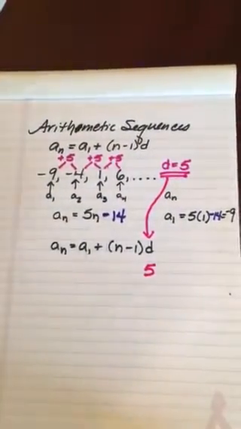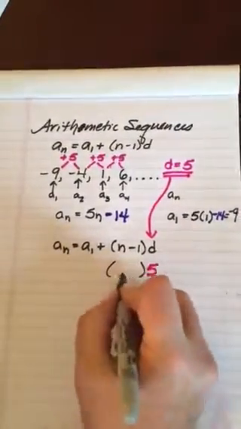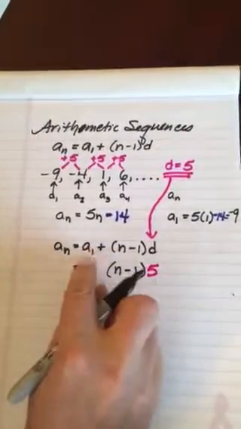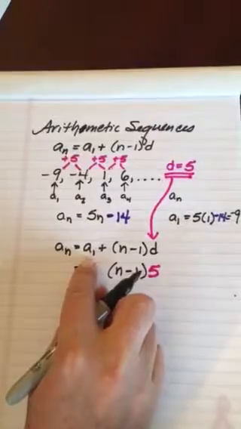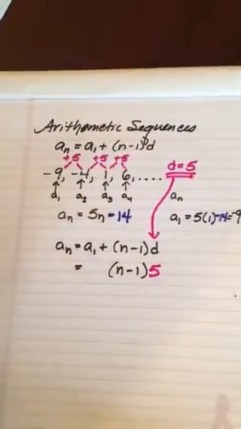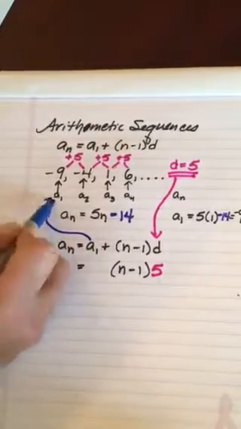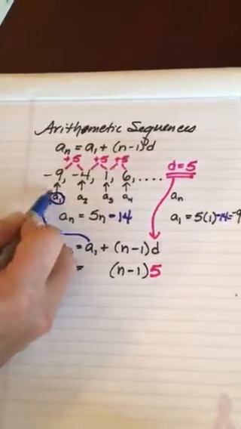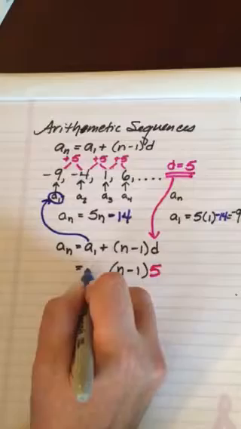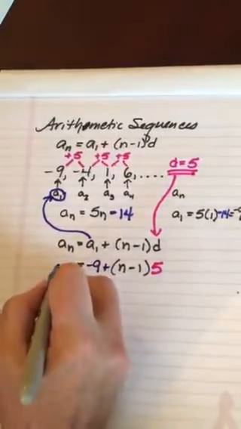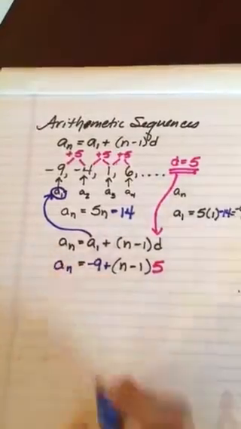Now maybe I don't know n. In this case, I don't know n, so I'm going to leave it alone. But I do know a sub 1. What is a sub 1? I go back up to here. There's my a sub 1, which has a value of -9. All right, so I have -9 plus. And that's going to give me my general term for a sub n.